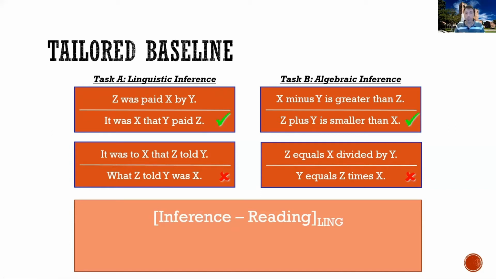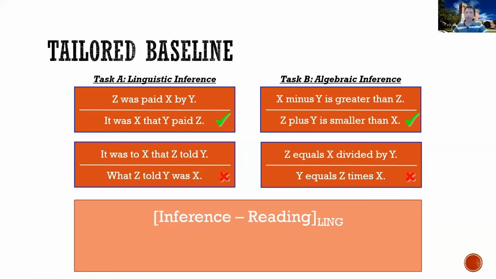And if you think of it, you really want to have a tailored baseline because it would make no sense to use as a baseline for the algebraic inference the linguistic sentences. You would not be subtracting off the same thing. So for the linguistic type inference, I want to have a linguistic type baseline. And for the algebraic inferences, I want to have an algebraic type baseline.